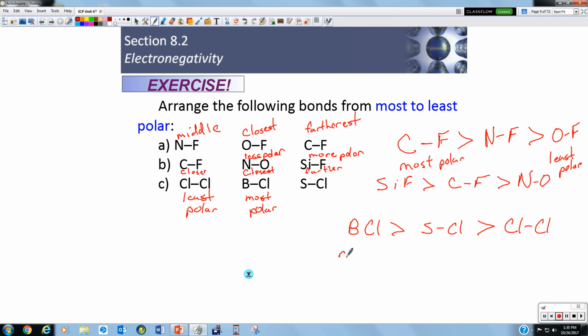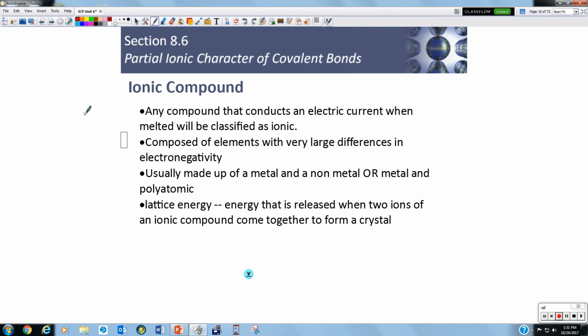Again, most to least. Any questions about that? Does everybody kind of get that concept? If you ever run into a problem where you really can't, by just looking at the periodic table, determine which one's farther away from the other one, you could always go back to EN and calculate that, but again, I don't expect you to do that. All right.